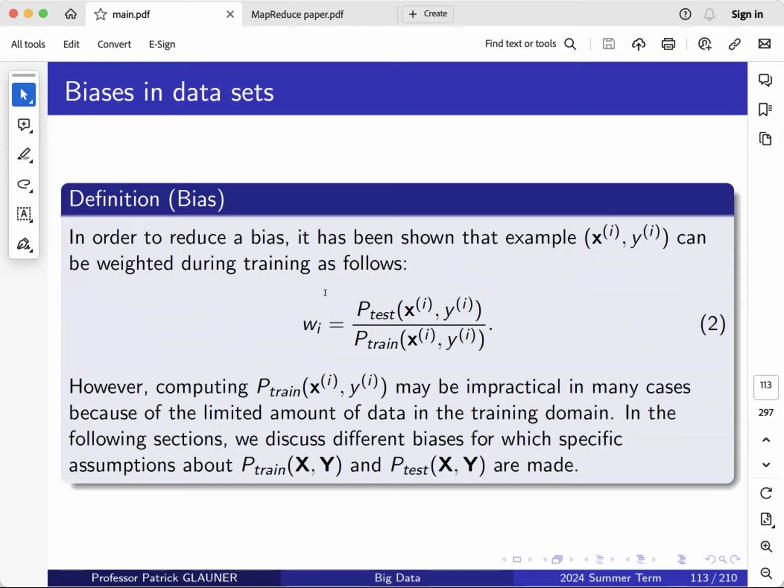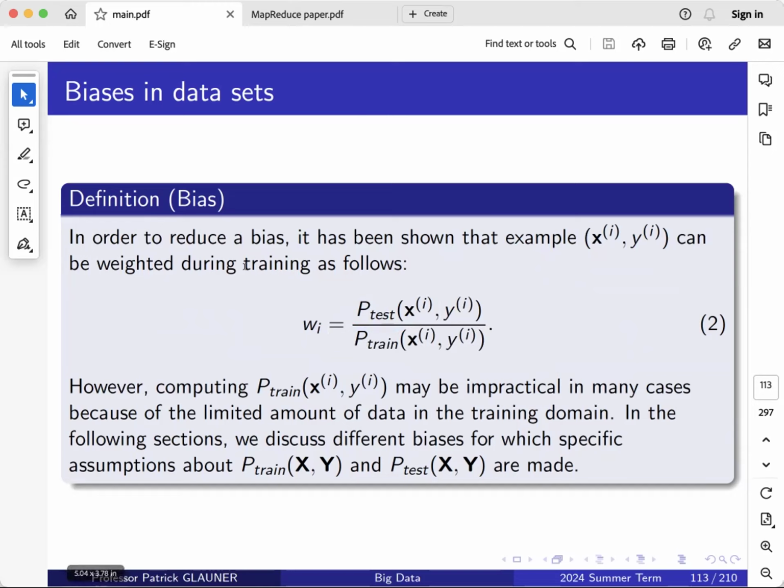If you can estimate your training distribution and also your test distributions, or where your test data comes from, or your production data, you can try to calculate a weight for each of your examples in order to determine how important a training example is or how unimportant it is.